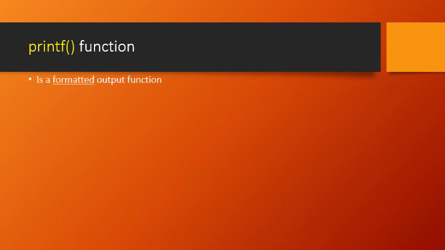The printf function is a formatted output function. You see here the f in printf stands for formatted. So it prints the information on the standard output device, that is on the monitor or on the screen, in a formatted manner. We will understand what this formatted information is.